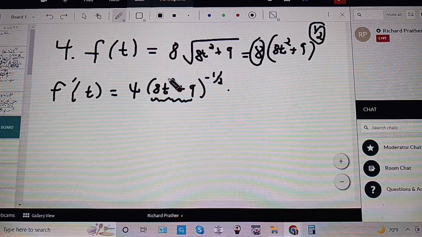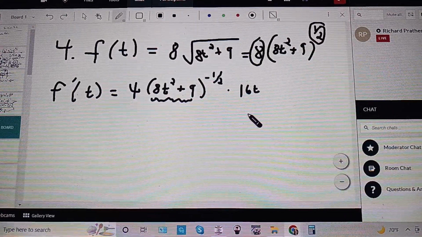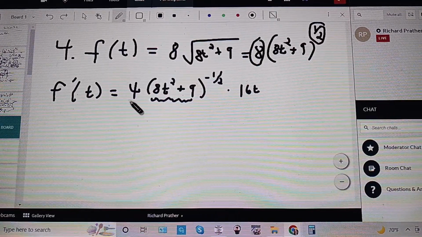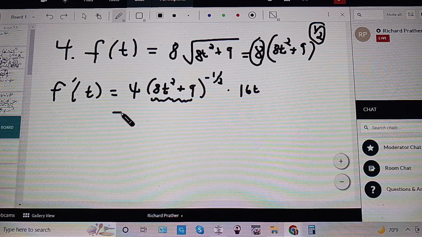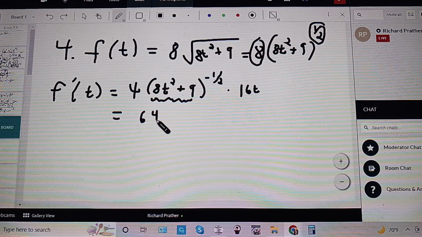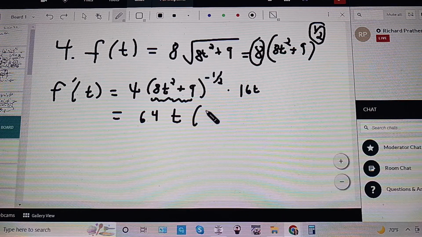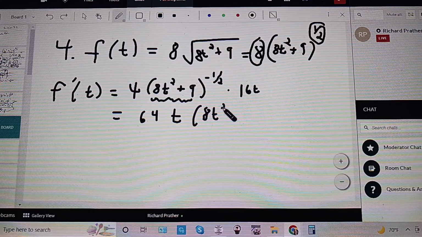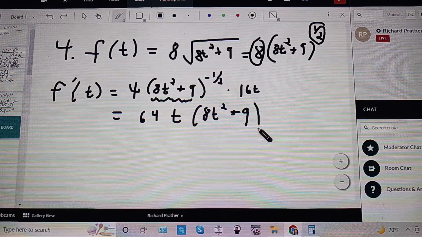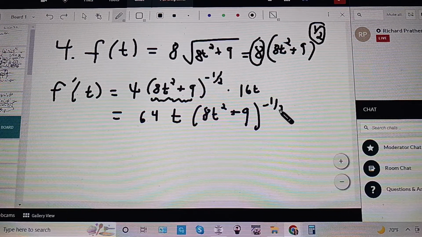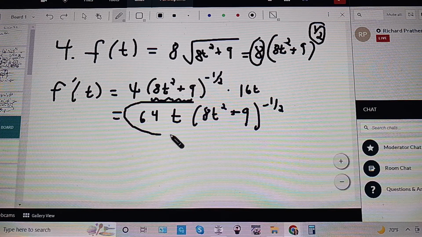And the derivative of this base is different than 1. The derivative of this right here is 16t to the first. The derivative of 9 is nothing, so then just 16t. And then we could easily combine 16 times 4 and get 64t times this to the negative 1/2. And that would be the least amount of work to get the answer right.